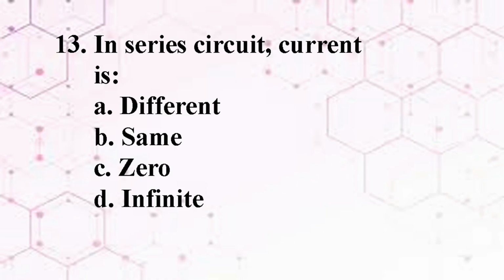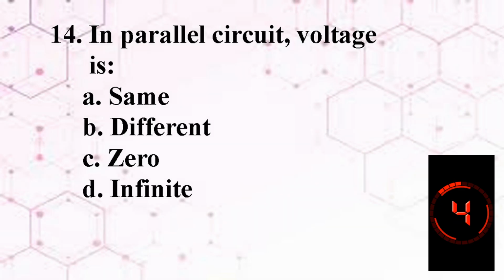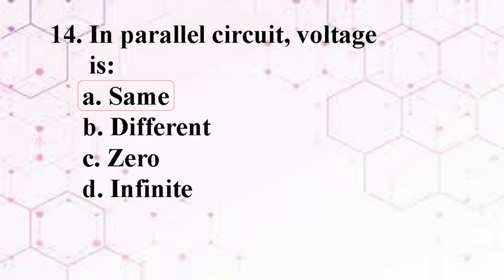The correct answer is B same. Question number 14. In a parallel circuit, voltage is A same, B different, C zero, D infinite. The correct answer is A same.